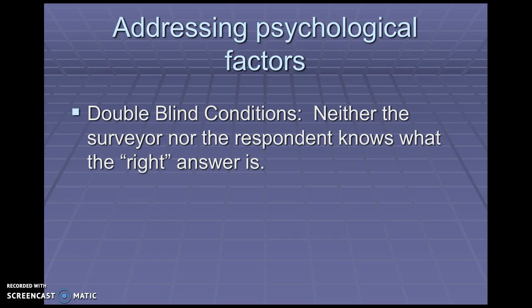Because even then, you could give clues with the tone of your voice, totally unintentional, that indicate you're looking for a certain answer. So it's best to just give someone the question, not let them know who they're asking it for, and go from there.